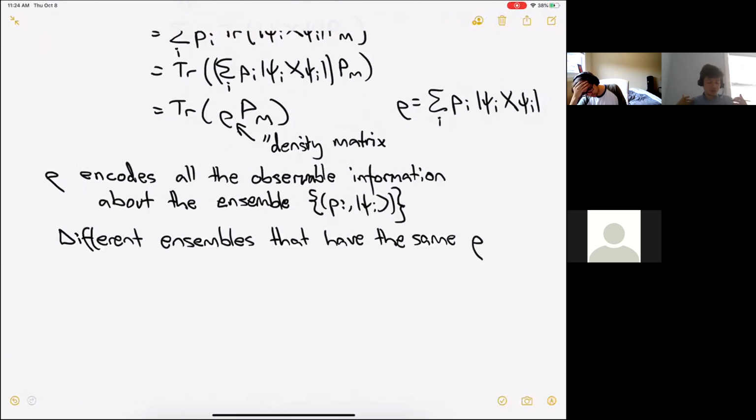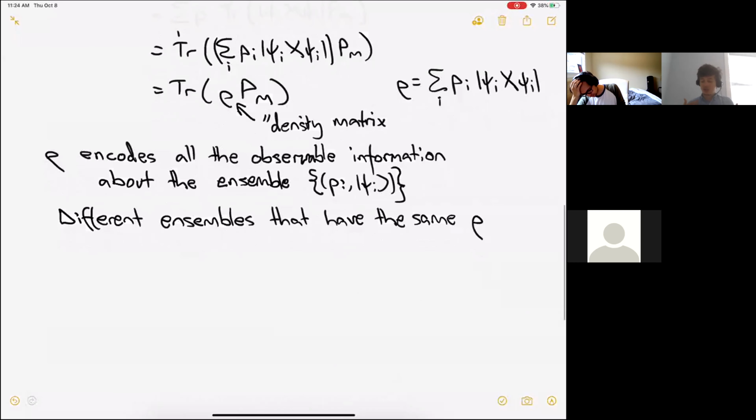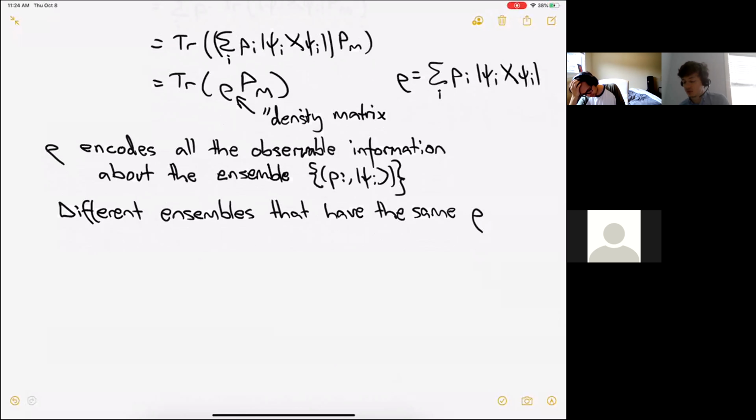It just means that the probability distributions for doing different measurements on those different ensembles will always be the same if they have the same rho. So there's no observable distinction between them.